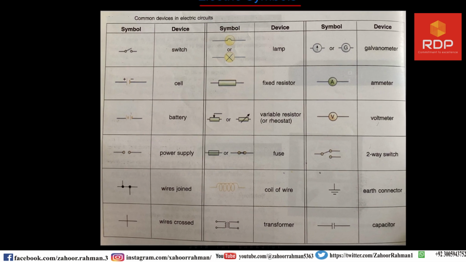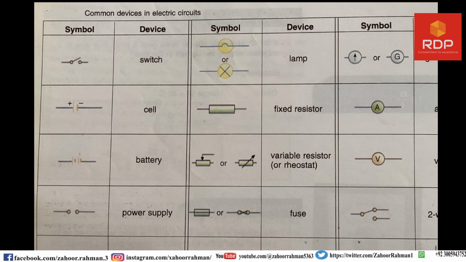Whenever we are dealing with this sort of symbol, it means a switch, but this switch is open. When you are connecting this line with this, it means the switch is closed.